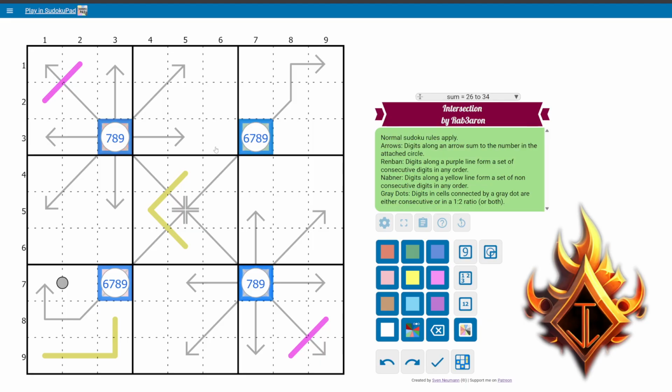We would need like 9, 7, 5 or something like that, or 8, 6, 4, whatever, or well, 2 of these numbers and then a lot lower number would also work. But that means that one of these high numbers are going to be used in one of the others.